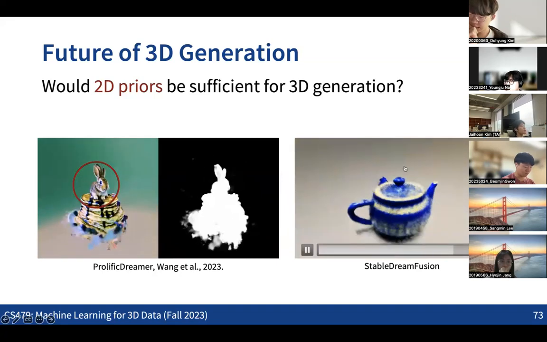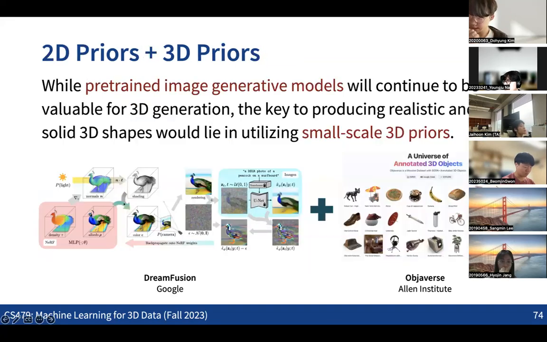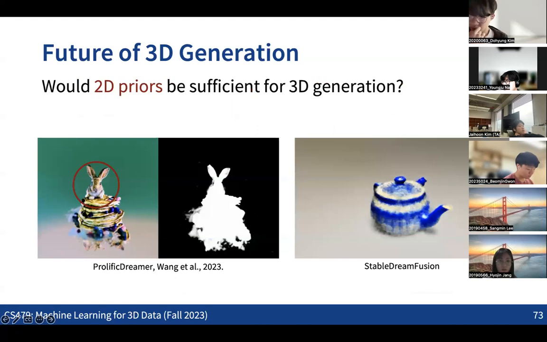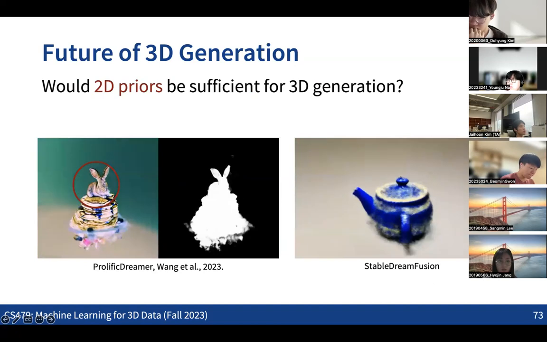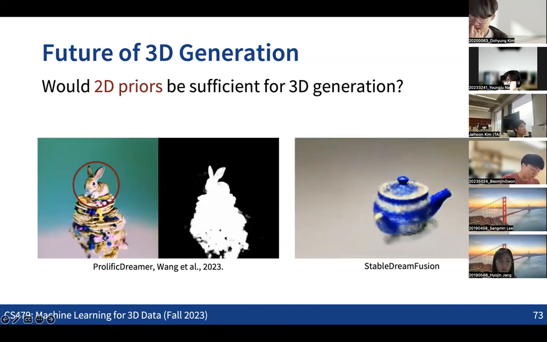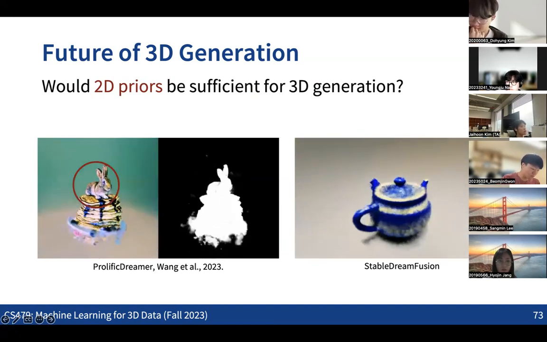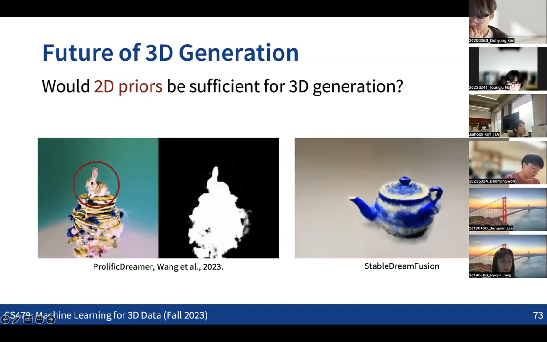So the future thing that we need to do for 3D generation might be that, while still utilizing the priors coming from the 2D images, we might still need to somehow incorporate prior knowledge about 3D shapes as well, in terms of resolving these failure cases. By the way, these failure cases are very famous and have a name, the Janus problem, having multiple faces of the human face.